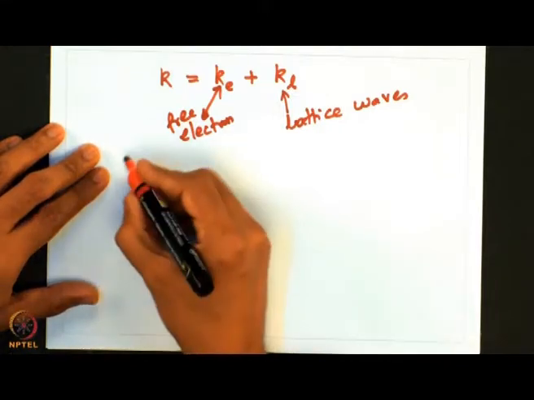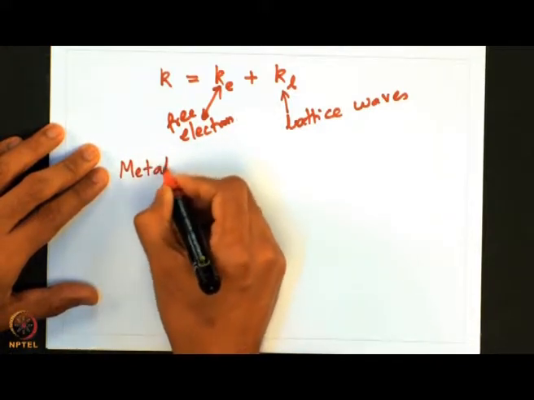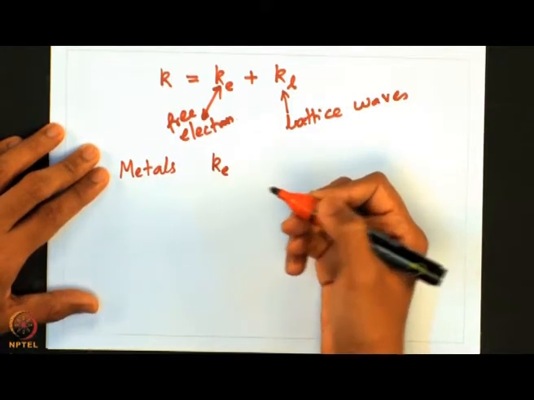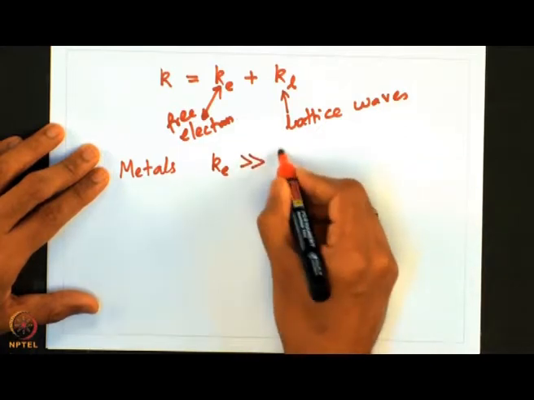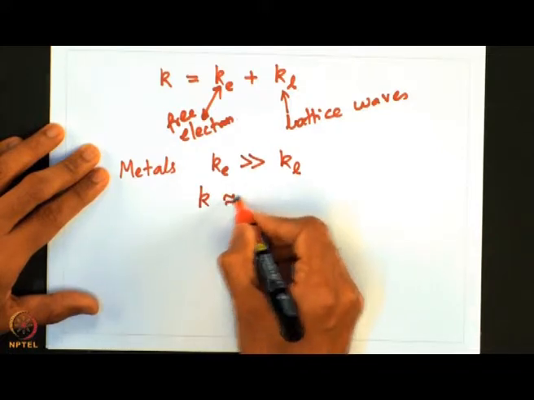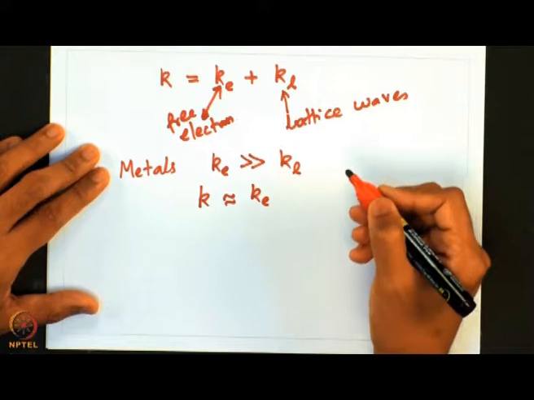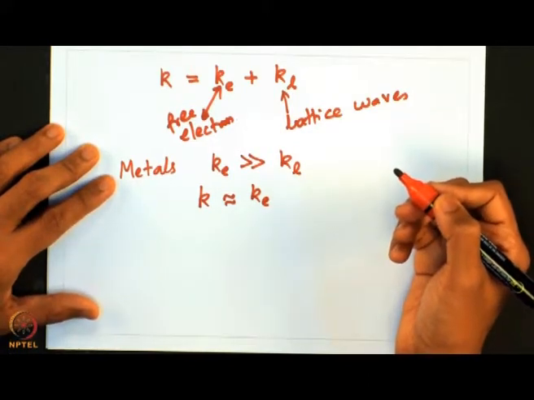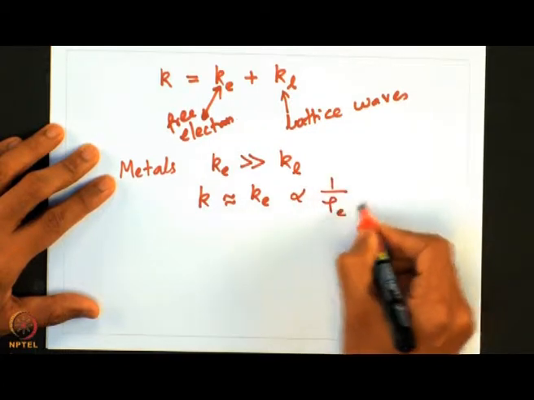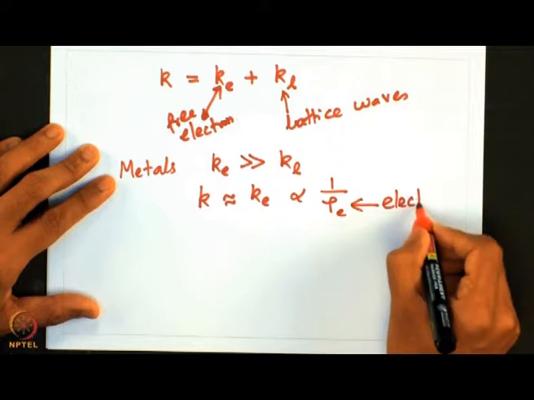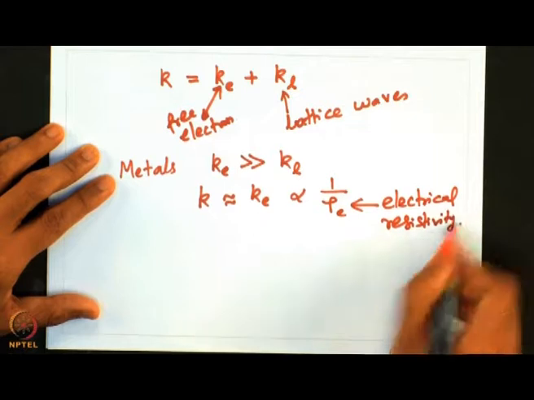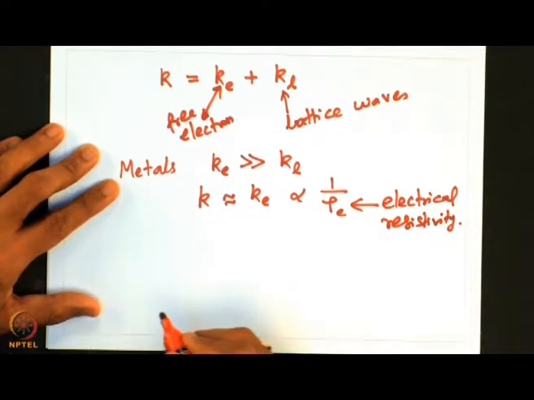If you take metals, then the thermal conductivity component due to free electrons is much higher than that of the lattice. So, typically for such systems K is approximately equal to Ke, the component from free electron movement, which is typically a function of 1 by rho e, the electrical resistivity of the metal.